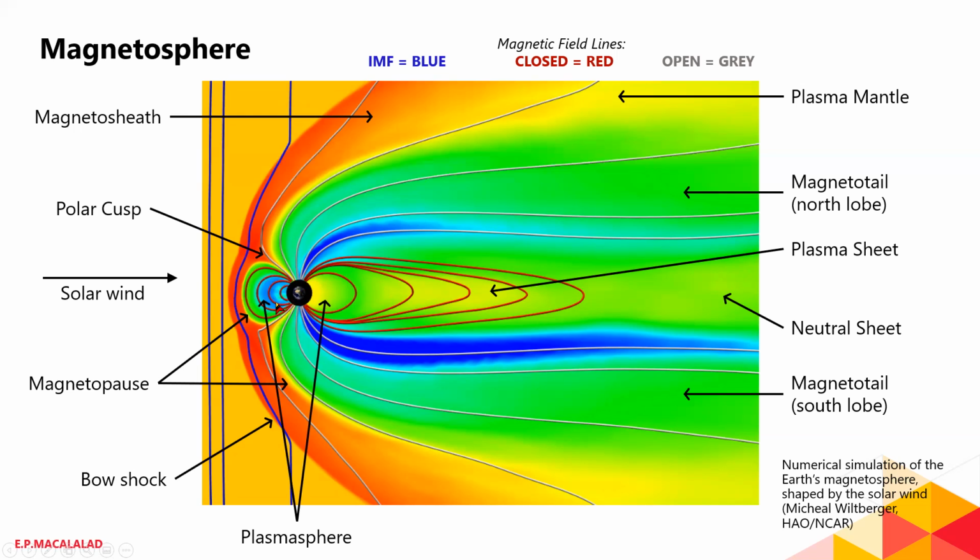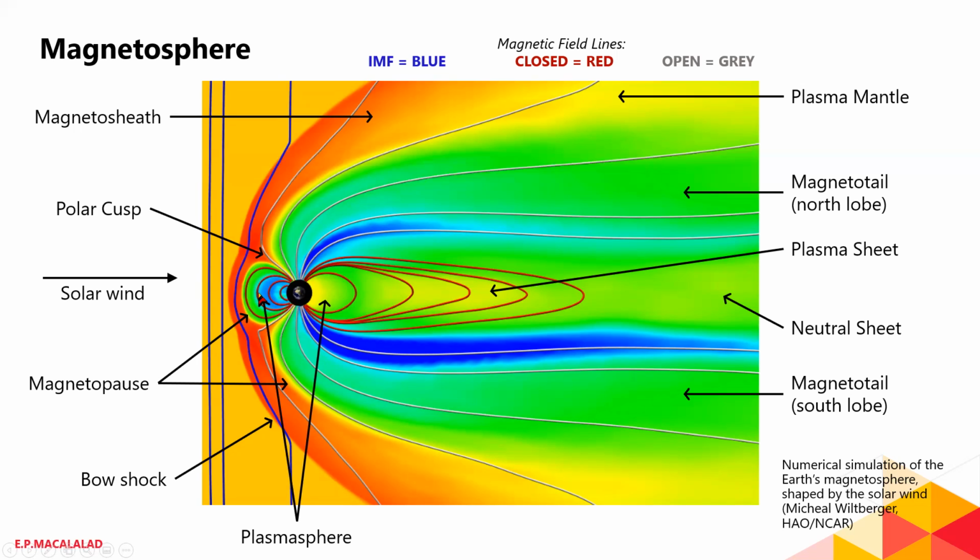Okay, so the plasmasphere and the Van Allen radiation belts overlap in this region. As we already know, the Van Allen radiation belts are concentric tire-shaped plasma belts. Okay, this is shown in blue. These have highly energetic electrons and protons, and these are trapped particles caused by the magnetic field.